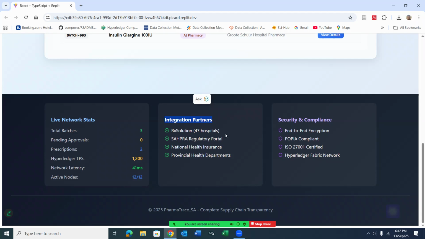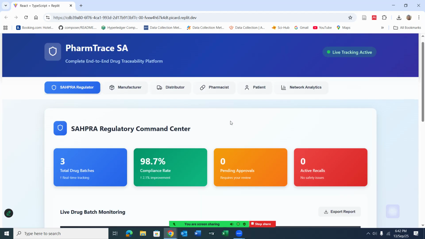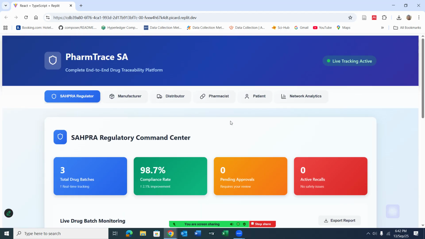Then, let me now take you through the functionality of our system. In the pharmaceutical ecosystem, everything begins with the manufacturer, where they create a new drug batch, where each entry is captured with tamper-proof records.